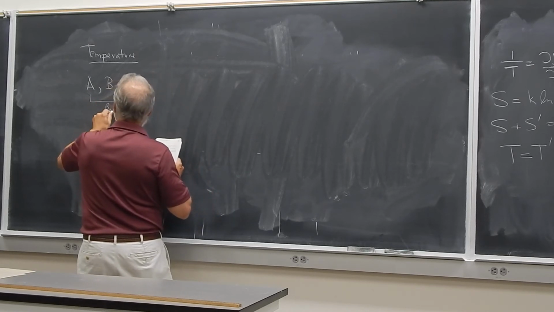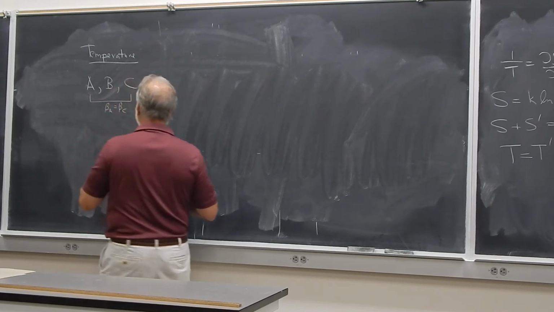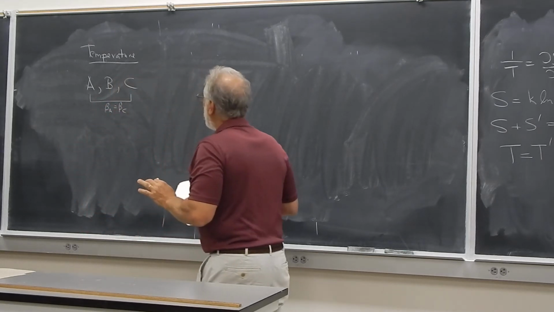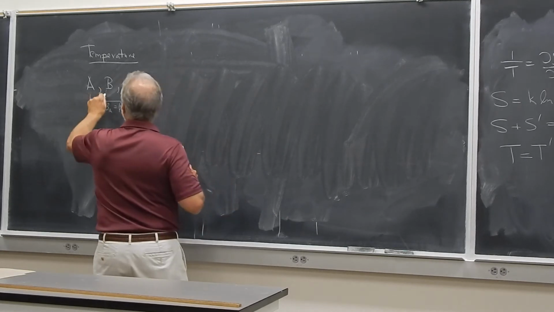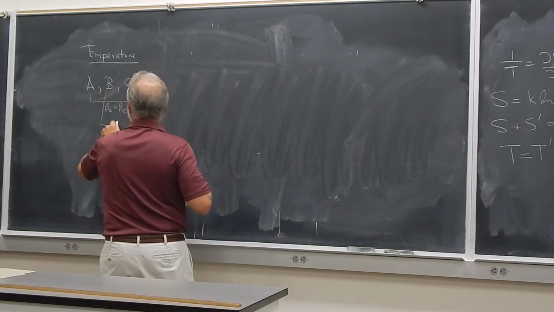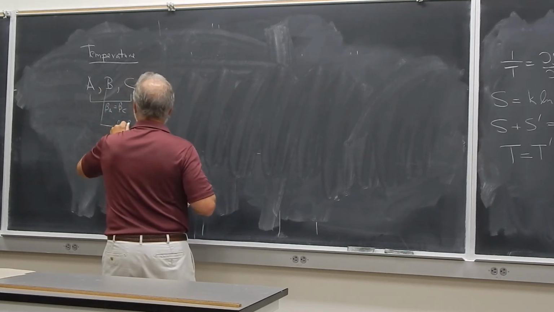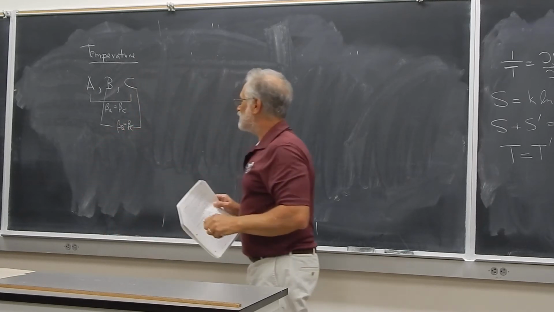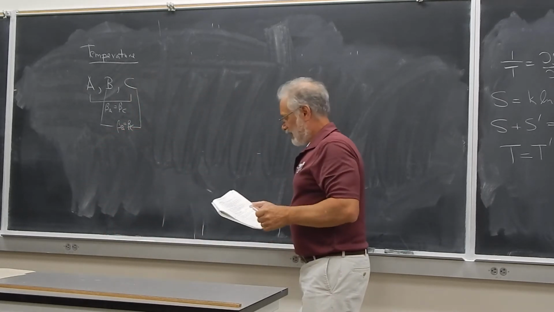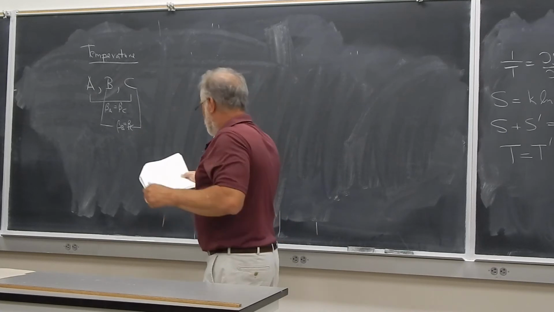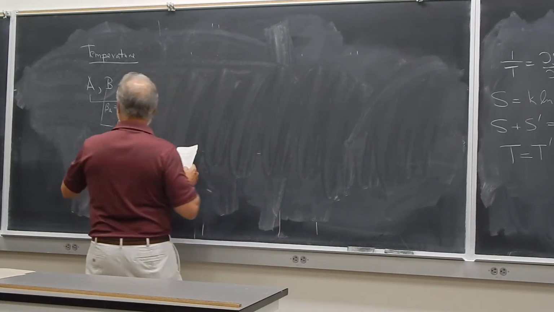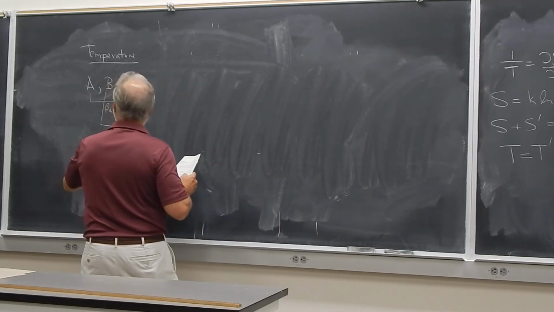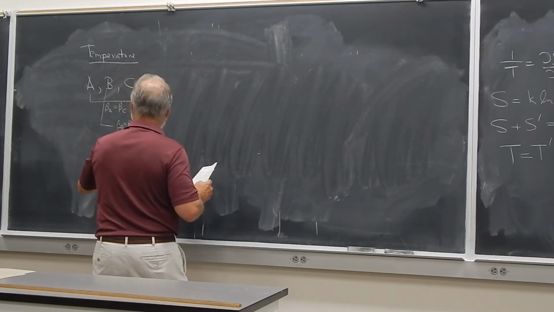That means that beta A will be equal to beta C. And then I'm going to have System B and C in thermal contact until they reach equilibrium as well, so that beta B is equal to beta C. And of course, by transitivity, we conclude that beta A must be equal to beta B.